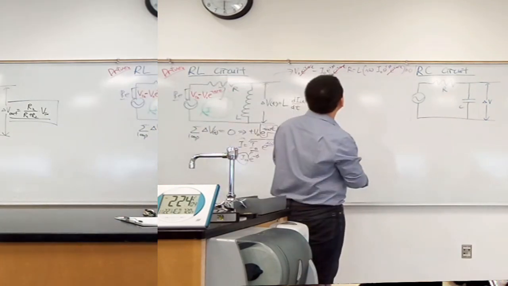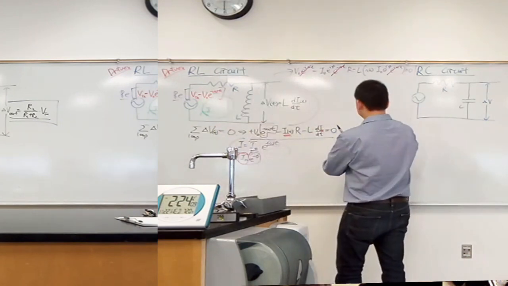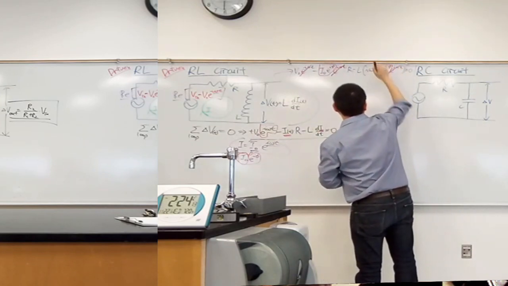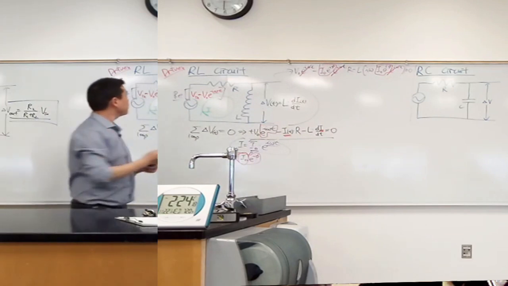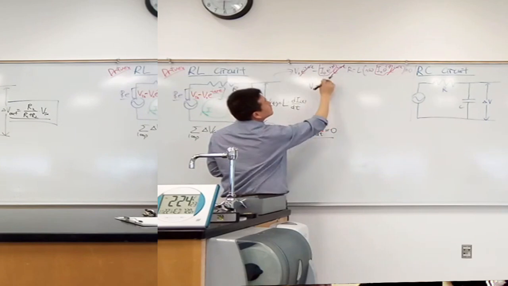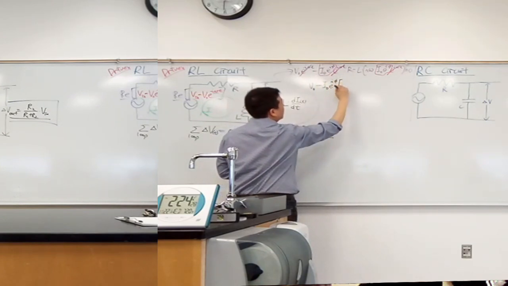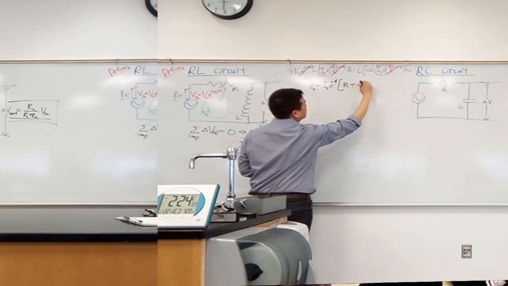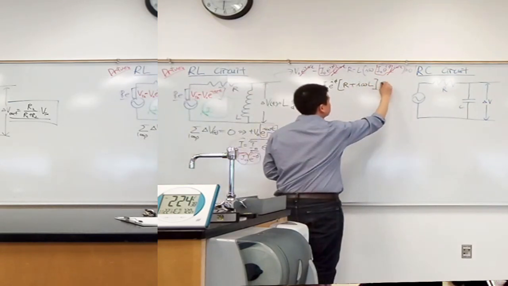So let me do that. In fact, I'm going to solve for this I naught times e to the I phi. So I see that term here, and this term here. So let me factor it out. When I factor it out, this is what I end up with: V naught minus I naught e to the I phi times R plus I omega L, all of that is equal to 0.